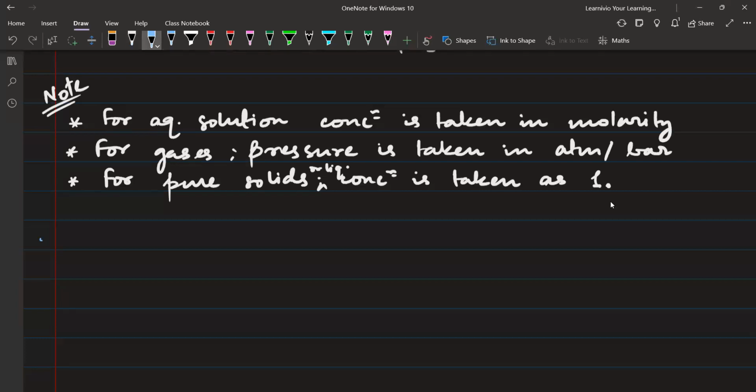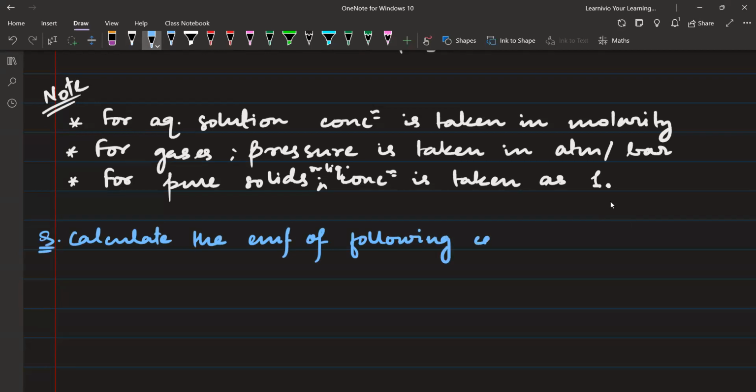So please write with me. Calculate the EMF of the following cell at 298 Kelvin.